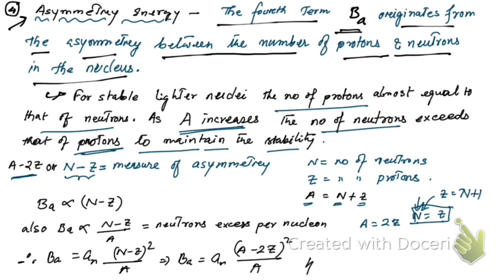Then the difference between N and Z, how to obtain that?